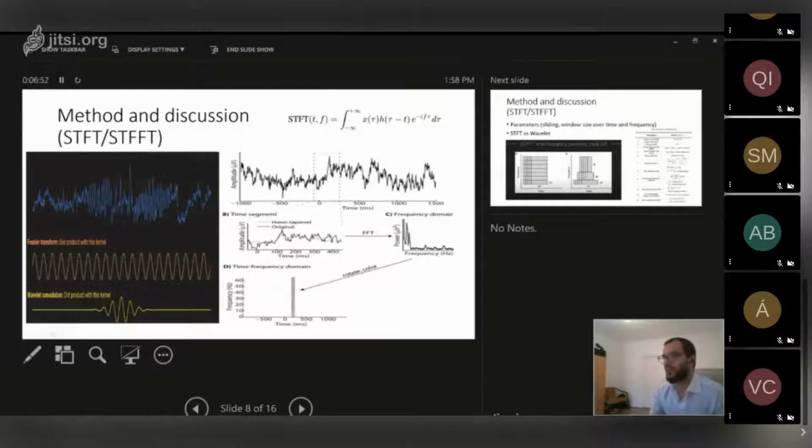I don't know if you can see my pointer or not, but this red signal is a filter bank signal, with a unit distance between every peak, applied to the whole signal, and then you can extract features like spectrum or energy inside that signal.